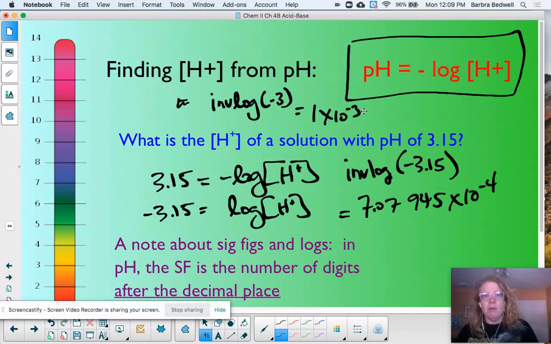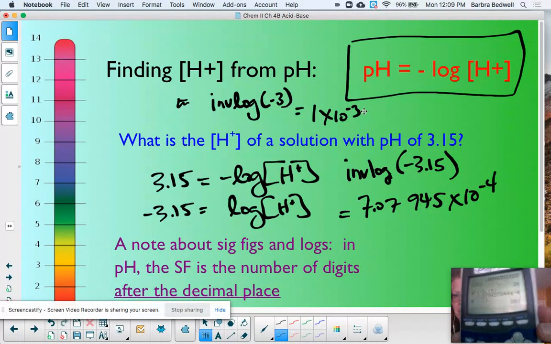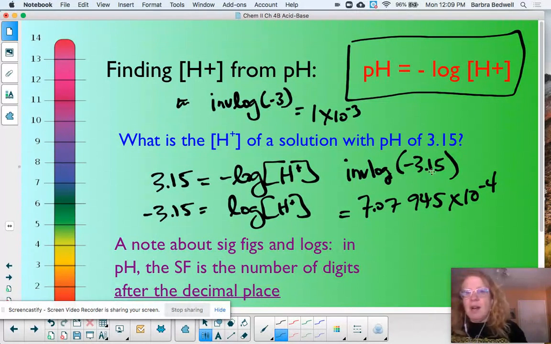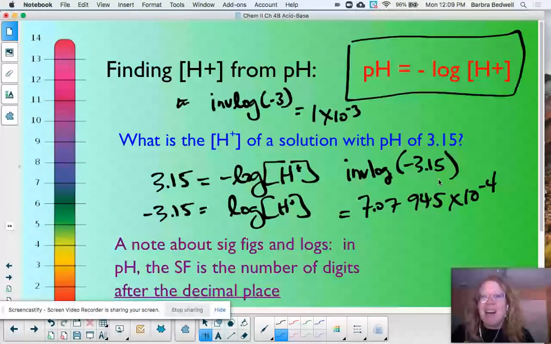The inverse log of negative 3 literally gives me the exponent, 10 to the minus 3, or 0.001. But I took the inverse log of 3.15, and that's where this weird value comes from.